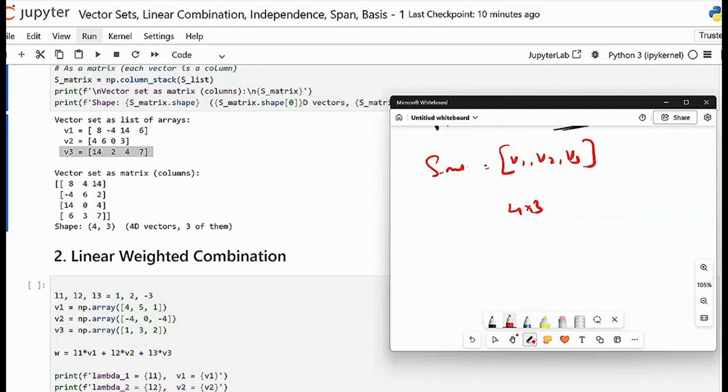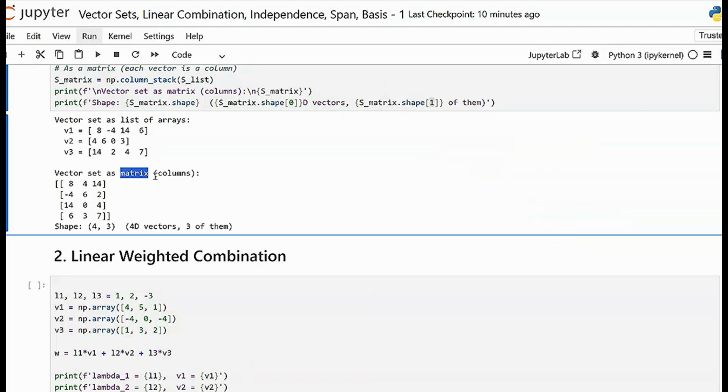The matrix representation is far more common in practice, because it enables efficient linear algebra by using np.dot and linear algebra routines. But here what we have utilized, kindly observe, in linear algebra is this matrix formation.